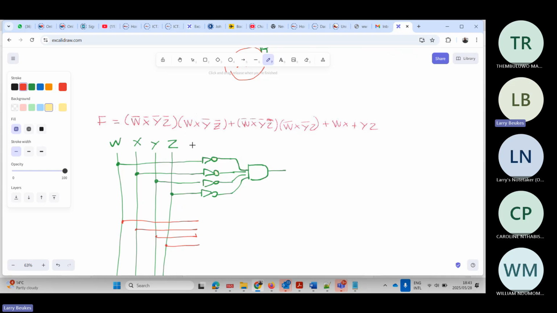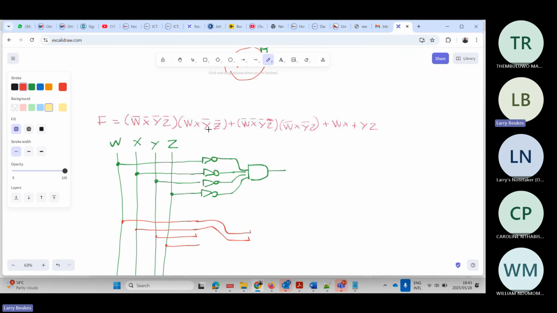Now let's see which ones we must complement. W, it's fine like this. We're going to take it as it is into our gate. X, it's fine. We're going to take it as it is. It's going to become an input into this AND gate, right?